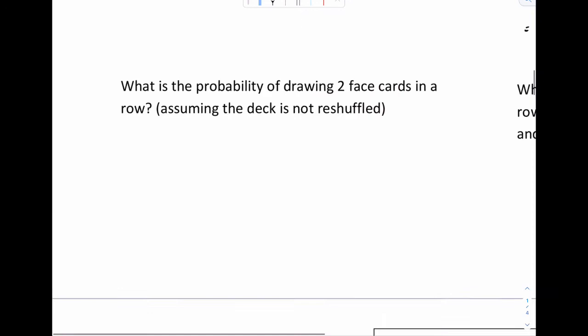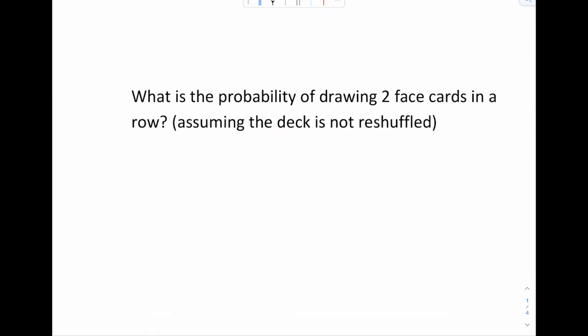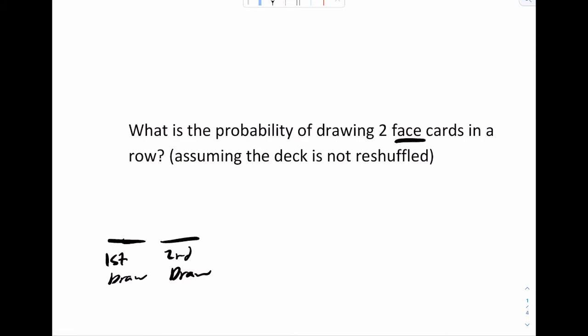Let's do a couple more. What is the chance of drawing 2 face cards in a row? So again, we can use the slot method here. So this would be like your first draw. This is your second draw. We want 2 face cards in a row. So face cards are going to be defined as having a face.